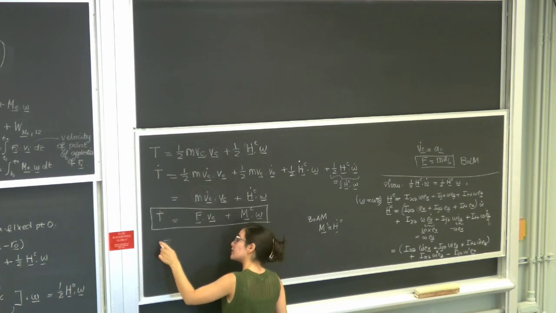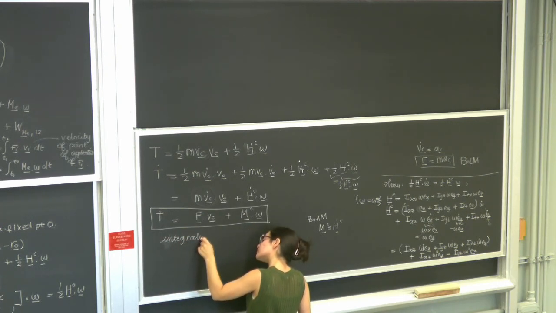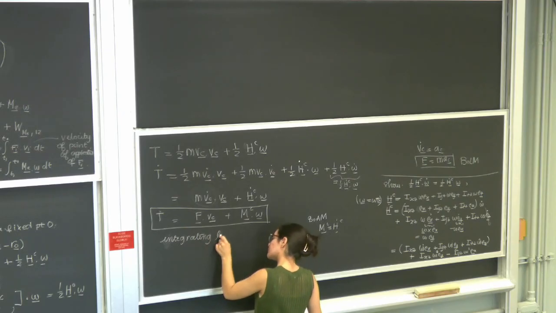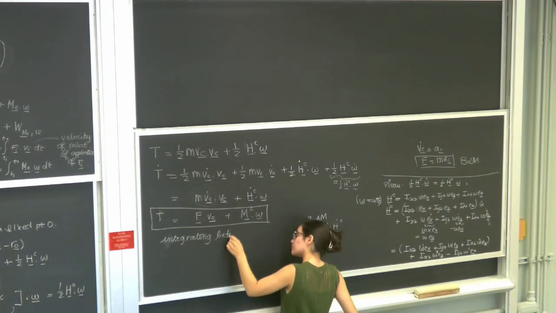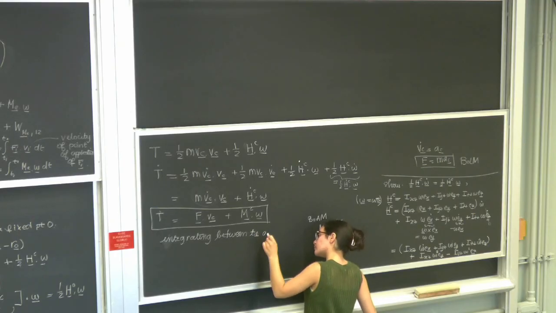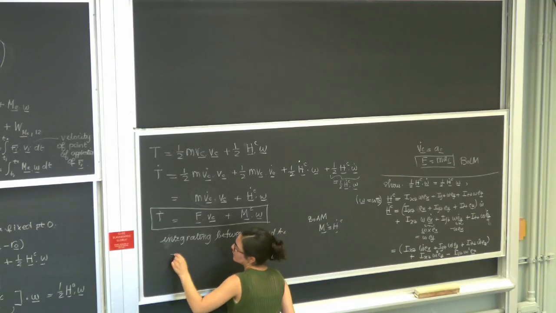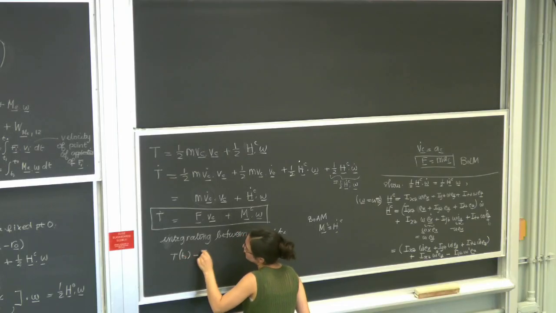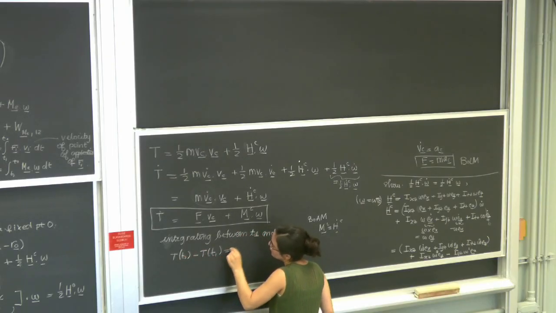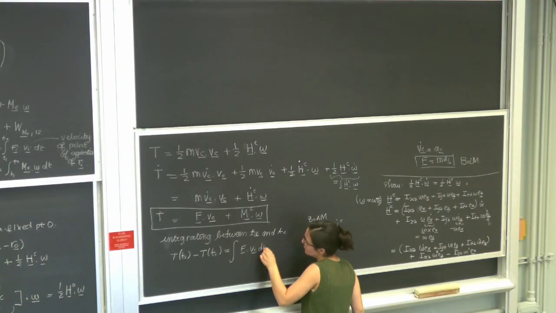So integrating, we get that T at t2 minus T at t1 is equal to the integral of F dot v_C dt.